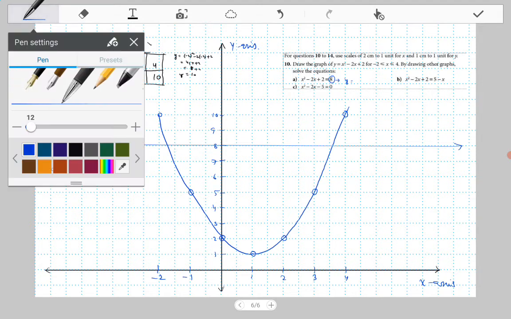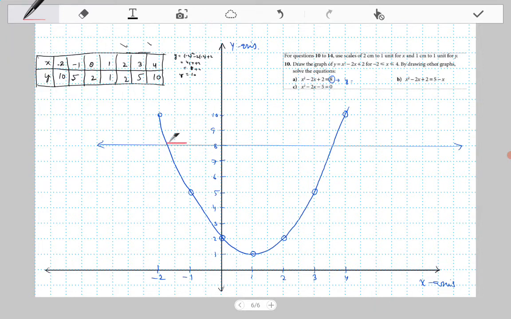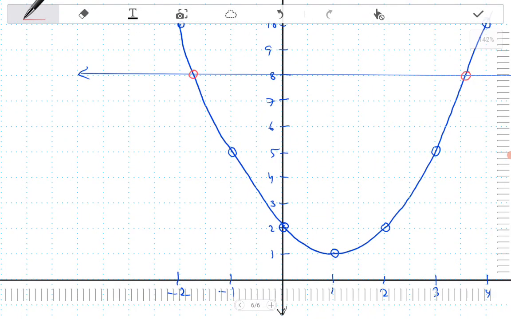If I highlight them, it's better to encircle these points of intersection and then read them on the x-axis, and if you draw a dotted line with it, that would be appropriate. So I'm just going to draw a dotted line over here.